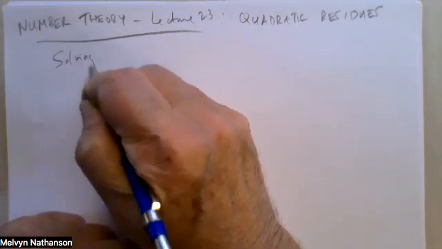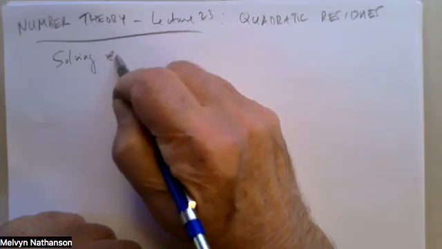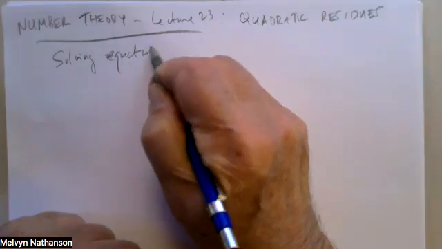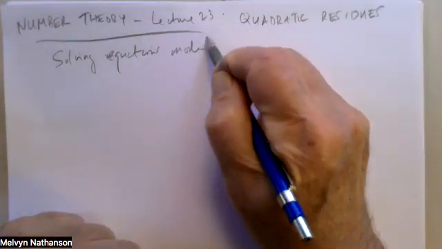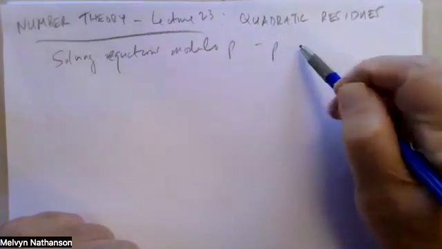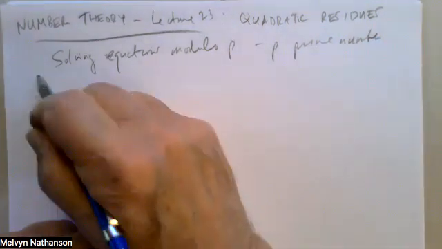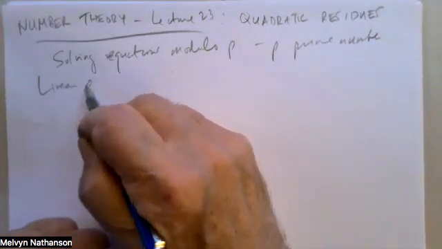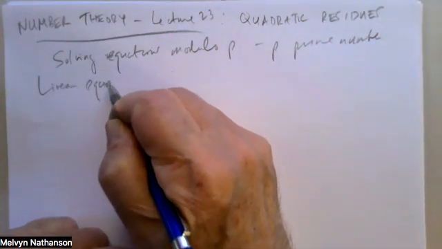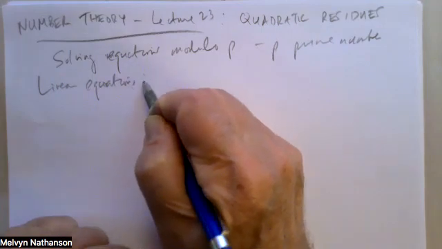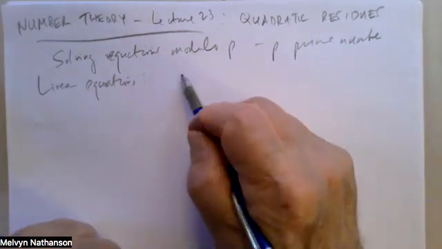In number theory, often we are interested in solving equations modulo p, where p is a prime number. And for linear equations, we have a theorem that tells us everything.